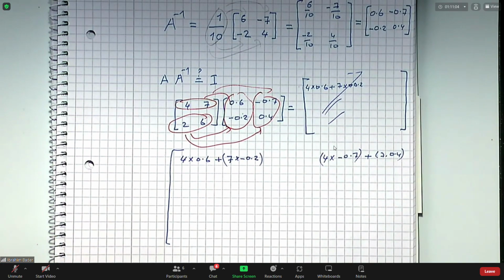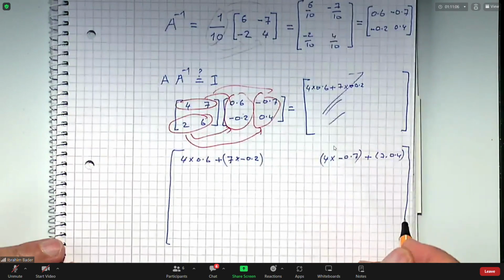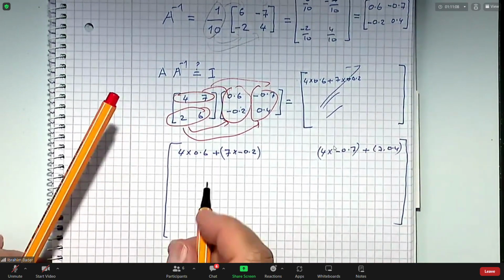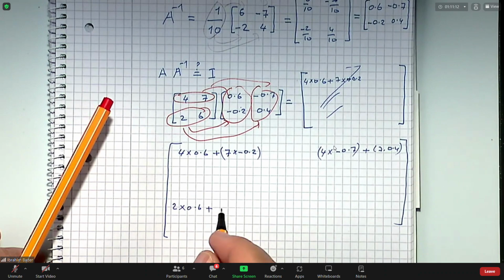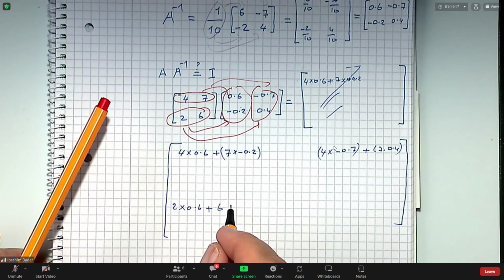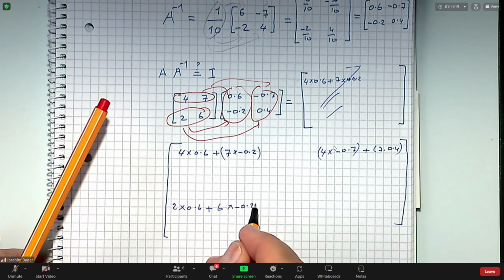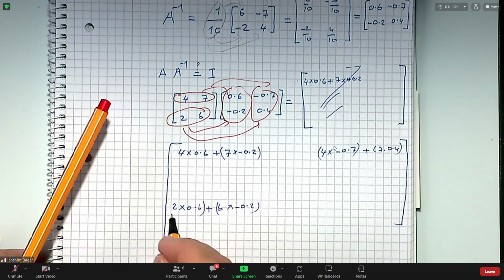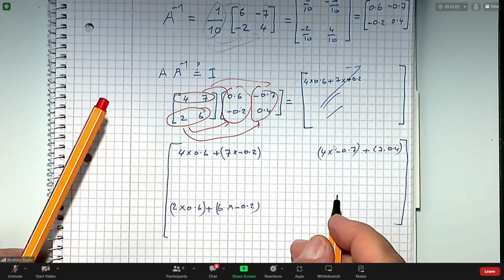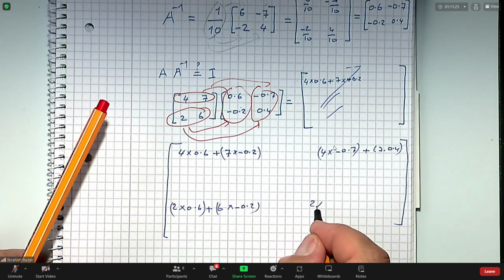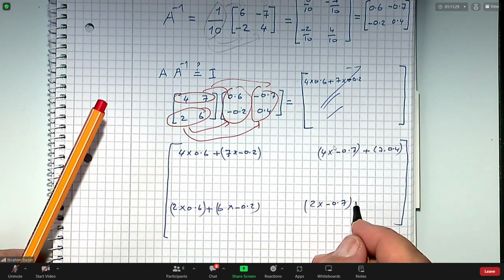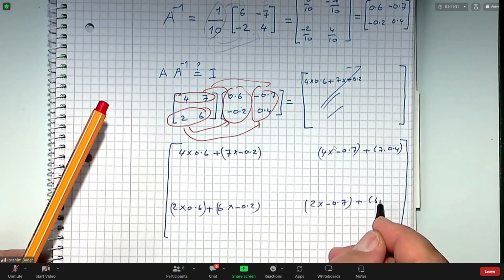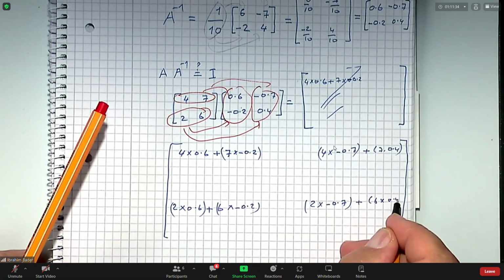So 2 times 0.6 plus 6 times negative 0.2. This one here, 2 times negative 0.7 plus 6 times 0.4.